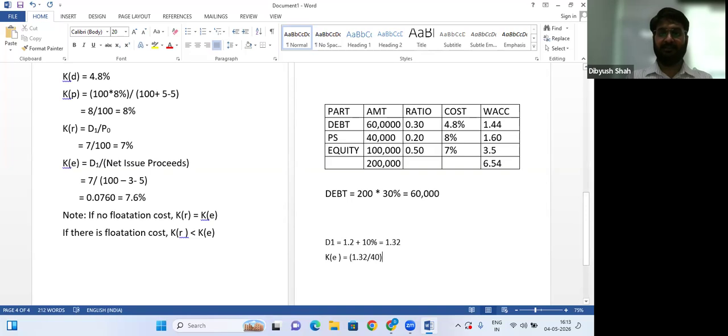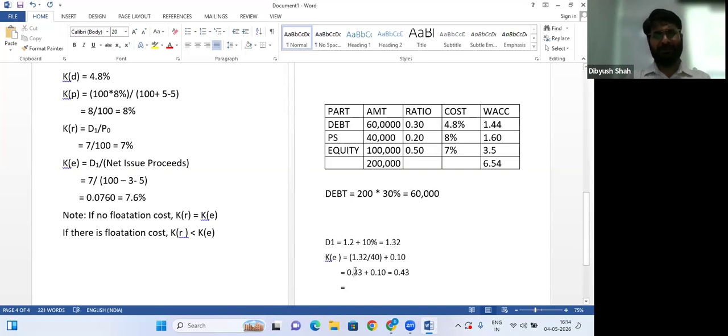Always convert it in decimal points. So it is 10%, right? Now tell me, what is 1.32 divided by 40? 0.03, two decimals always. Plus 0.10. So it will be 0.133, that is 13.3%.